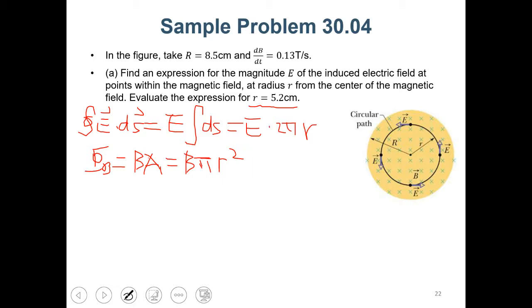We take the derivative of phi B with respect to time. Since pi r squared is constant in time, it is pi r squared dB/dt, which is nothing but 0.13 pi r squared.